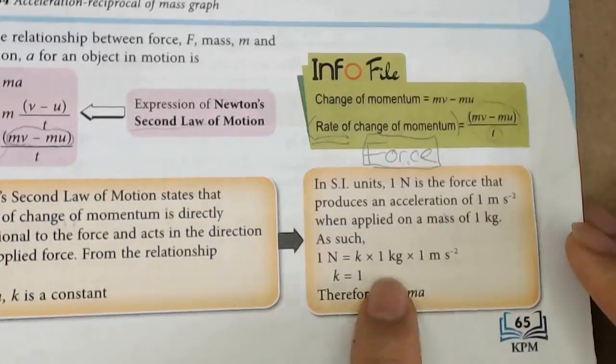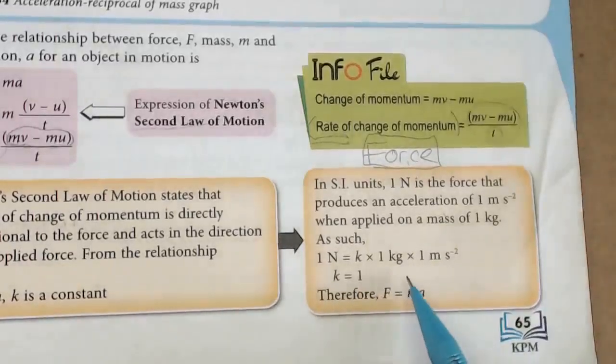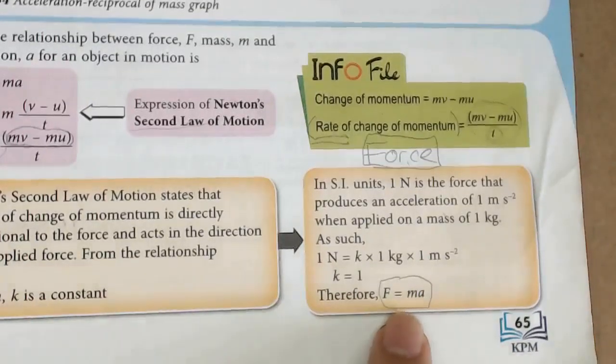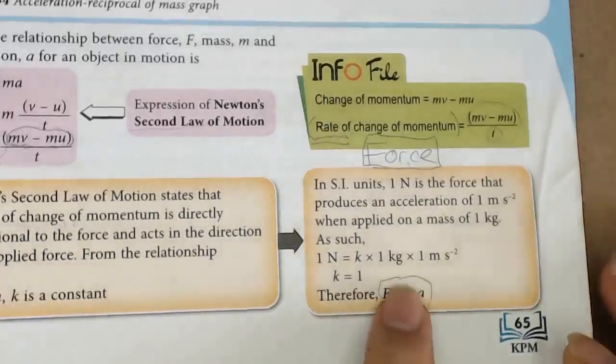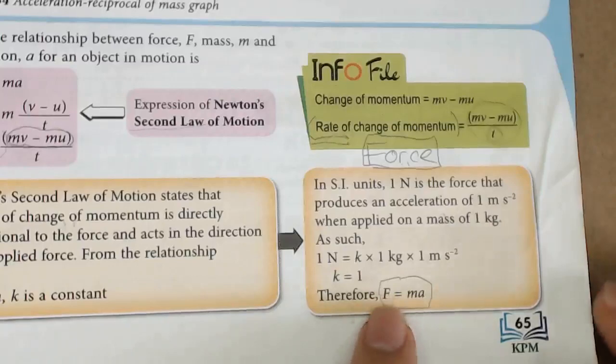We can take out K. So the last formula that we have is F equal to ma, which relates acceleration A, mass M, and force F.